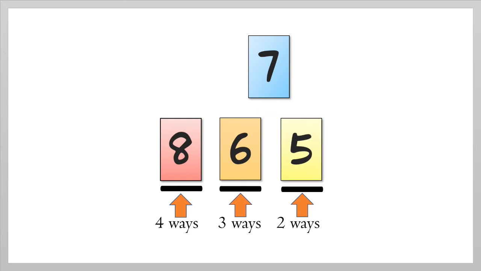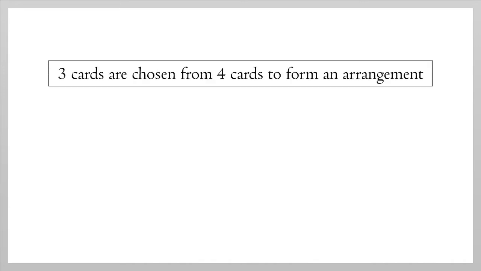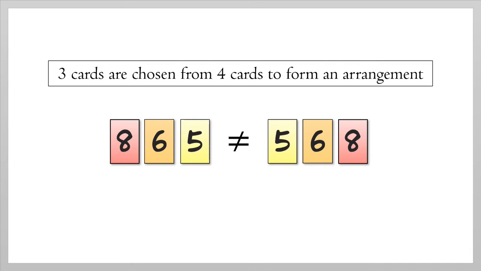Therefore, by using the multiplication rule, the total ways to form a 3-digit number is 4 times 3 times 2 equals 24 ways. Of course, you can use the tree diagram to help you, but the multiplication rule saves time. In this example, 3 cards are chosen from 4 cards to form an arrangement. Note that the arrangement is important in this case. For example, 865 is not equal to 568.